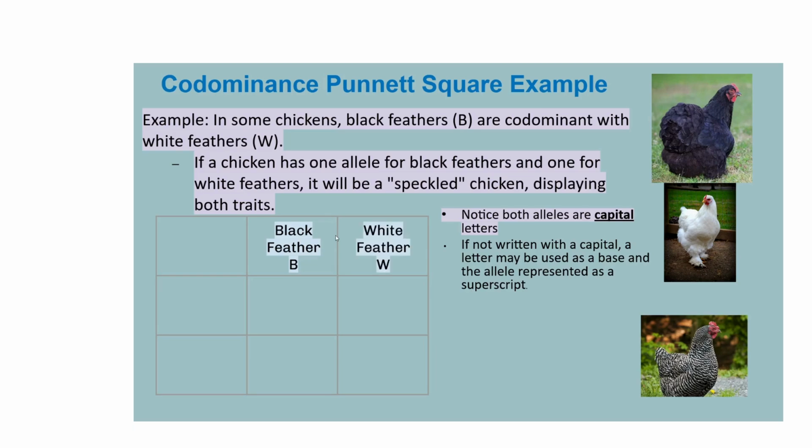It has a second allele for white feathers, capital W, put that in your Punnett square. Now down the side, we're going to put parent 2, so it has one allele for black feathers. We're going to use capital B. And its second allele is for white feathers, so we're going to use a capital W.